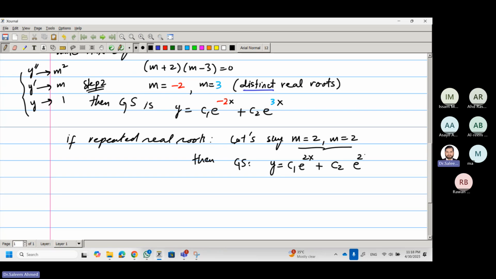I cannot have the same form two times. So when the root is repeated, we multiply the second one by x. The first time I write e to the power 2x, the second time x e to the power 2x.